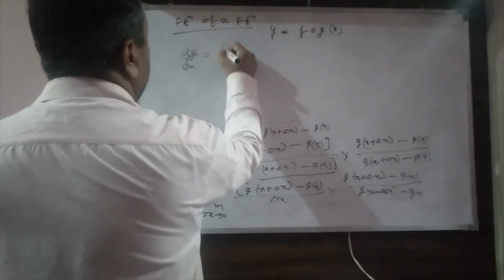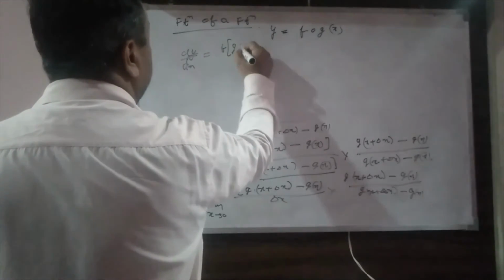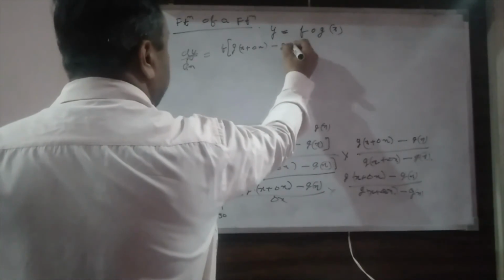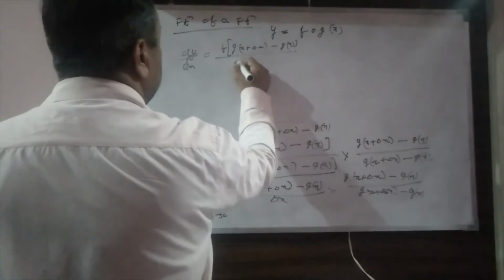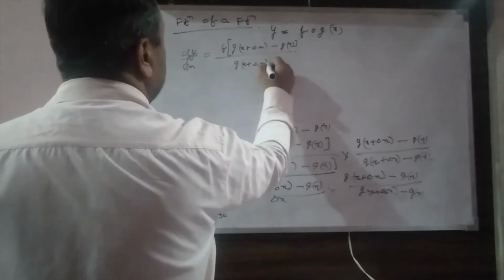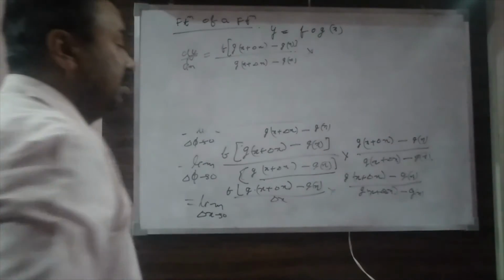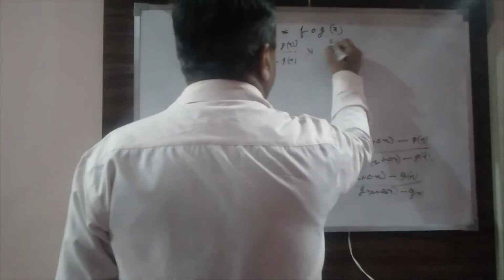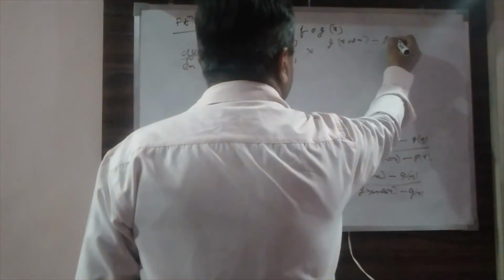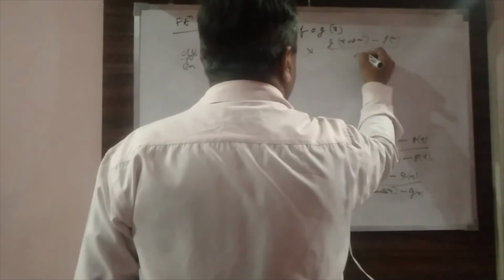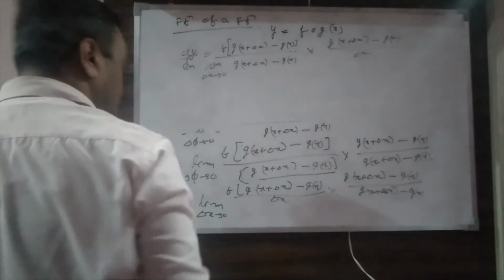So this is what? F multiplied by g x plus delta x minus gx divided by g x plus delta x minus gx, multiplied by g x plus delta x minus gx divided by delta x, and limit is delta x tending towards 0.